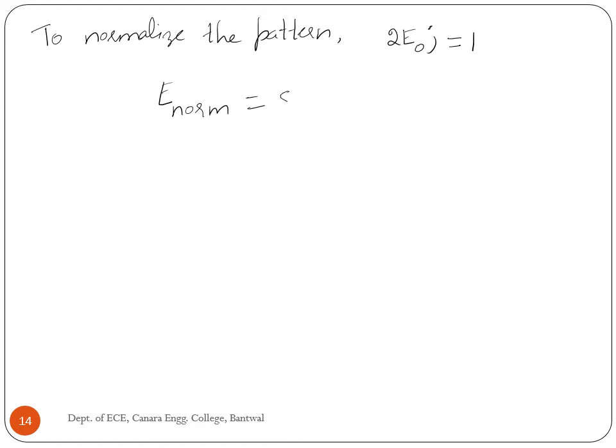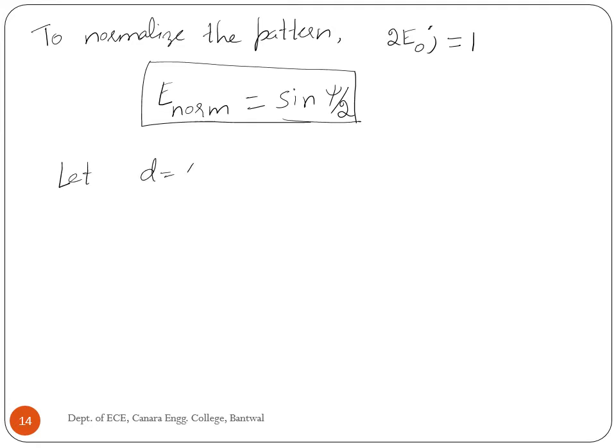To normalize the pattern, we can make amplitude equal to 1, that is 2 E naught j equal to 1. Therefore, normalized field intensity is equal to sine xi by 2. Let d equal to lambda by 2, then xi equal to psi cos phi.